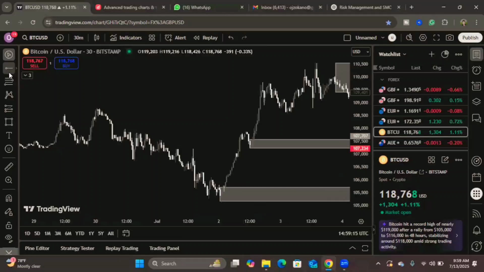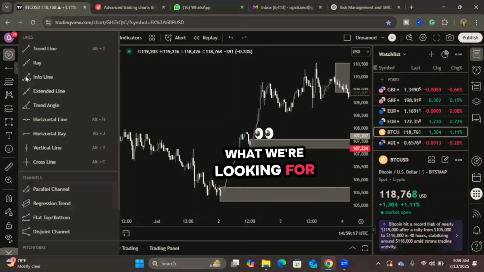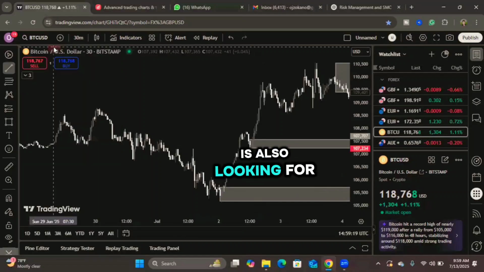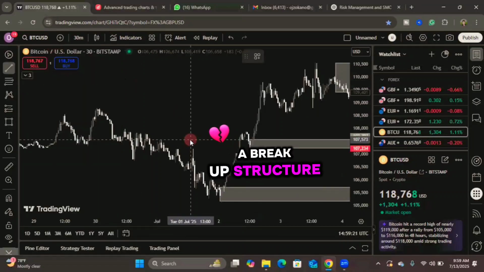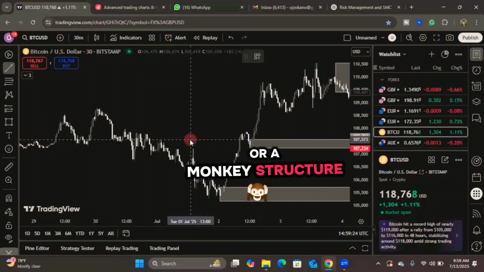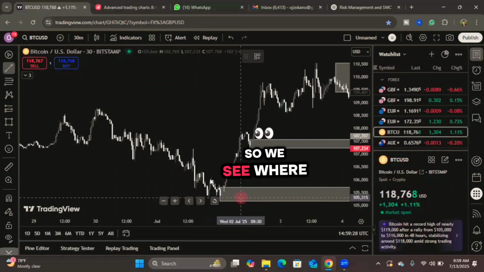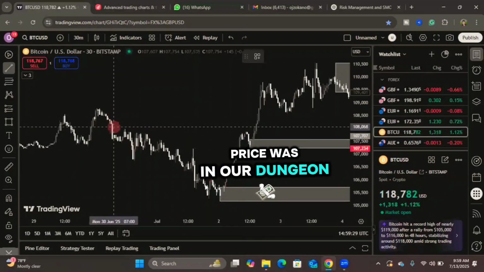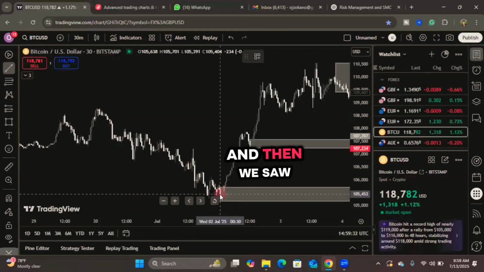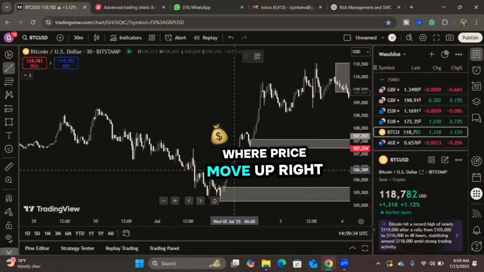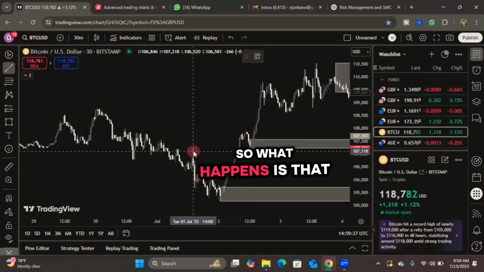So what we're looking for is a break of structure or a market structure shift within the market. We see where price was in a downtrend, going down, and then we saw where price moved up. So it changed character.